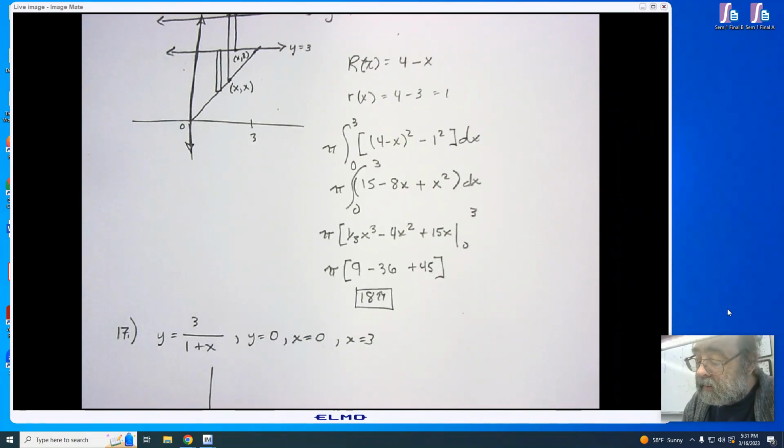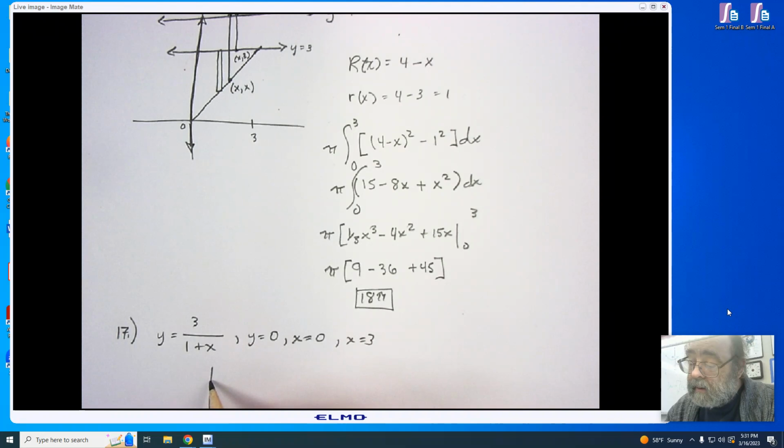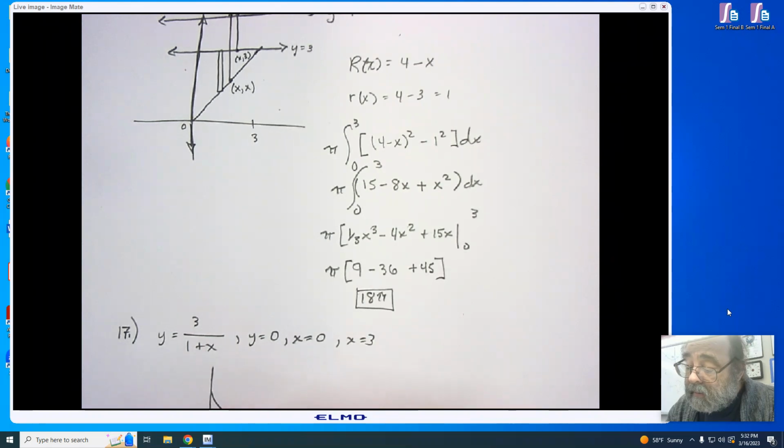Here we go. This is a reciprocal function. We can see that. Let's see, what's my y-intercept? When x is 0, I have 3.